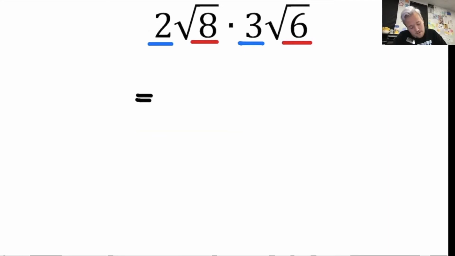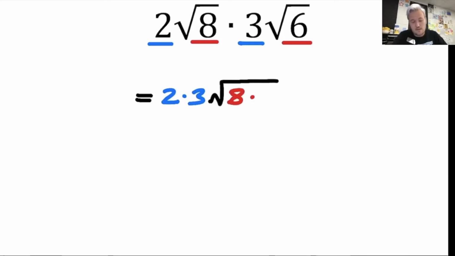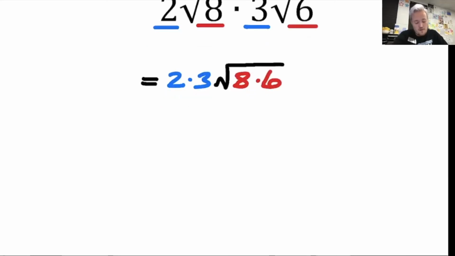I'm going to do 2 times 3 on the outside, and on the inside, I have 8 times 6. On the outside, 2 times 3 just gives me 6, and 8 times 6 is going to give you 48.